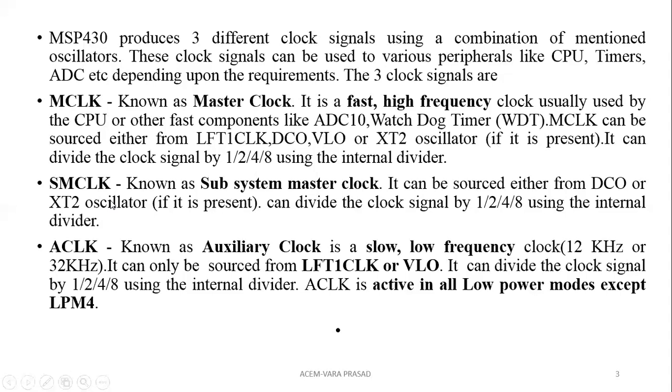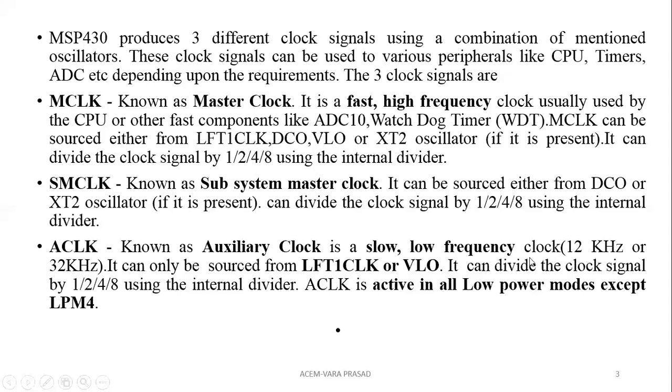Similarly, come to SMCLK. SMCLK means subsystem master clock. It is generated by using DCO or XT2 and divided as usual by 1, 2, 4, 8. And ACLK is called the auxiliary clock, which is a low frequency clock, either 12 kilohertz or 32 kilohertz.